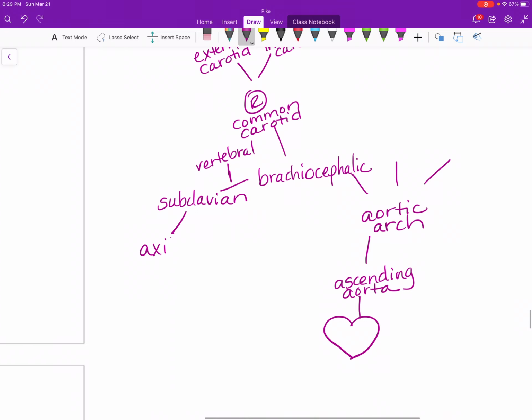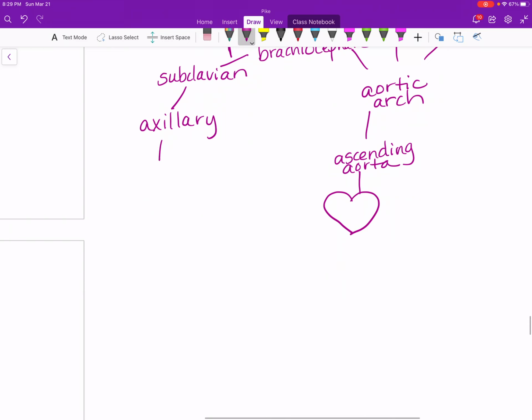Then it's in the armpit, so it's called the axillary artery. In the arm, it's called the brachial artery. And then at the elbow, there's a fork in the road. And we have the radial artery, because we're in the anatomical position, so our thumbs are out, or are more lateral.